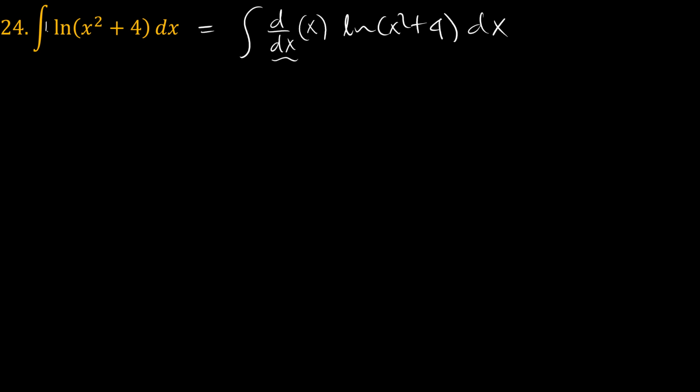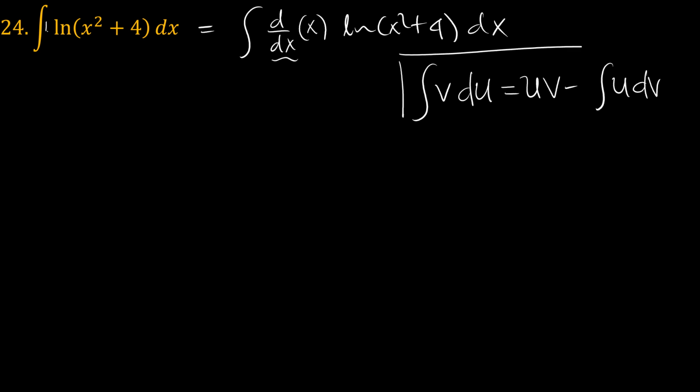And then we can go ahead and use integration by parts, where if you have a product of a function v and the derivative of function u, when you integrate that, you get uv minus the integral of u times the derivative of function v, right?